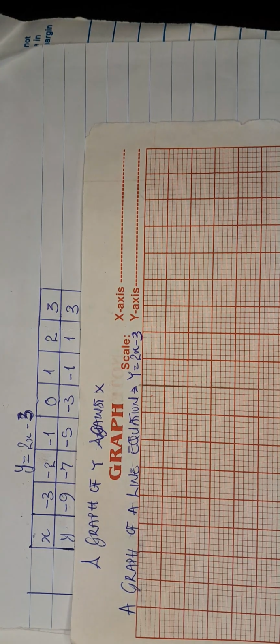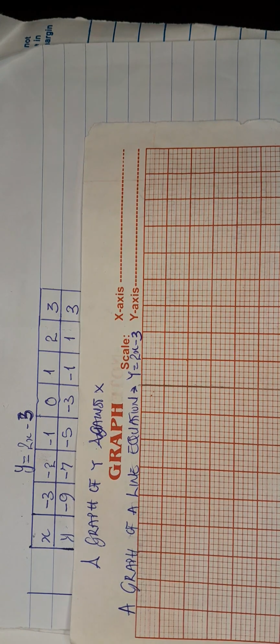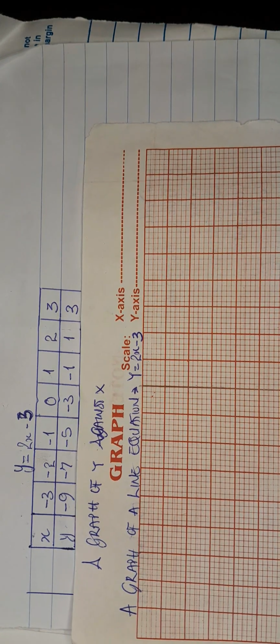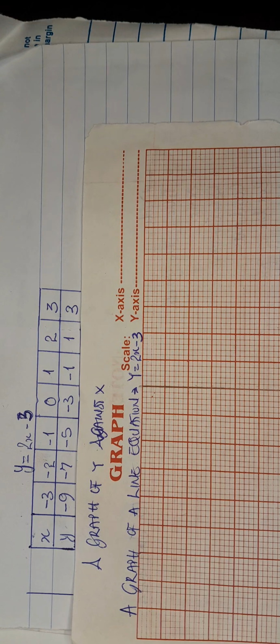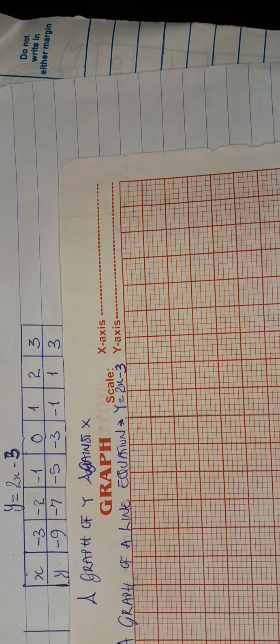So with your eyes, you try and glance through, okay, what line will best fit. If the values are very high, then we need to take a scale that is high. We're looking at this value, it just ranges from minus 3 to positive 3. The lowest number for y is negative 9, and the highest number for y is 3.